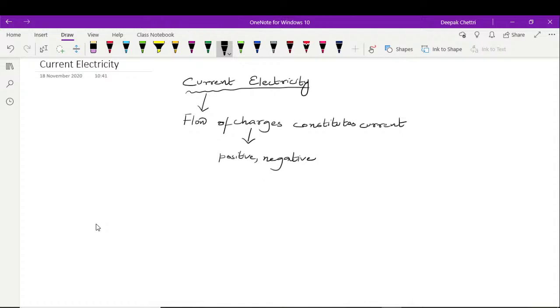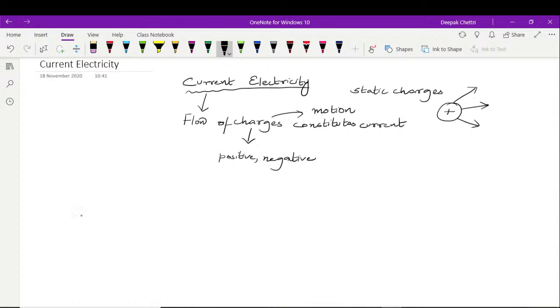So far we have learned about static charges. Static charges means charges which are at rest. When we studied these charges, we studied that they produce an electric field. Now we will study what happens when these charges are in motion.